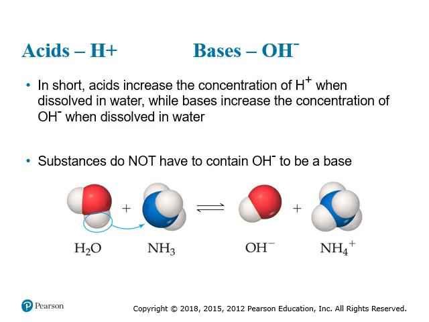So ammonia is considered to be a base because the products of the reaction of ammonia and water are the hydroxide anion and the ammonium cation. So if we see an increase in the amount of OH minus in solution, then that substance, the substance that has been dissolved, is a base. Now it turns out that ammonia is a weak base, but that's a story for another day.